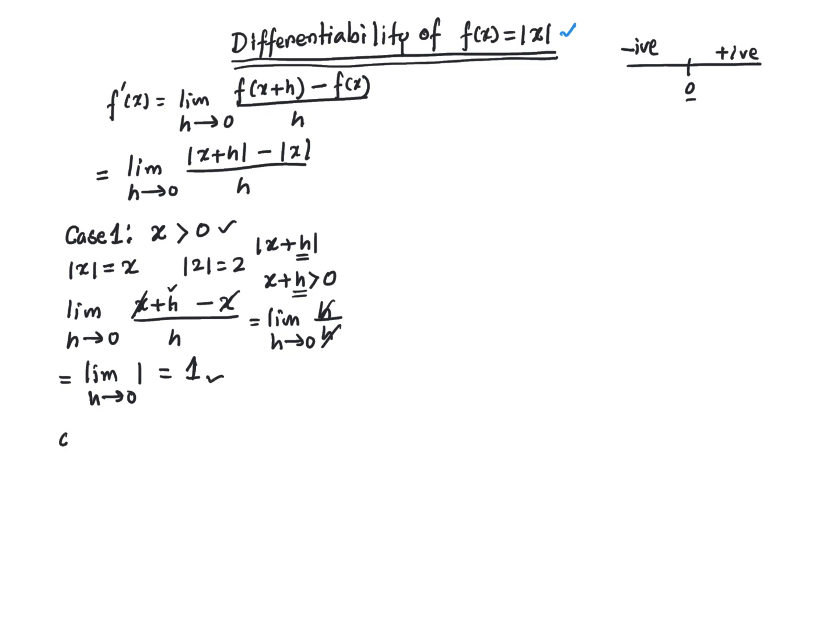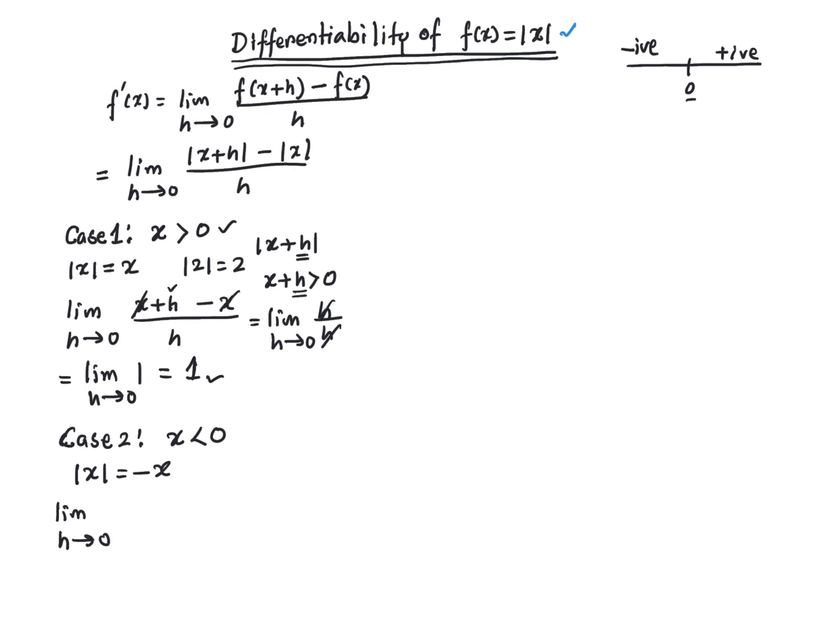Similarly, let's consider case 2, where x is negative, meaning x is less than 0. If x is less than 0, then the absolute value of x is negative x. Remember that. Once again, the limit is as h approaches 0.